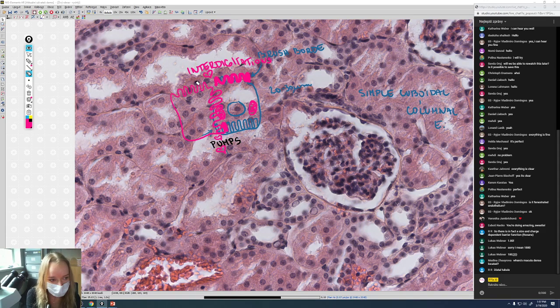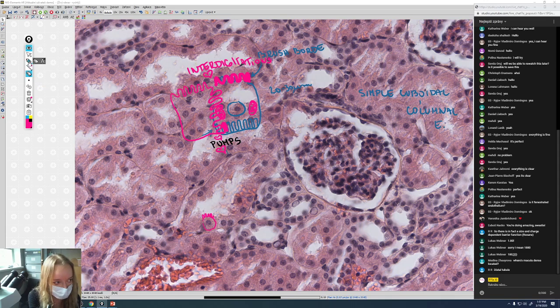So, if you want to describe these cells, these are cuboidal or columnar, lowly columnar cells. They are eosinophilic, of course. They are big. They have got a brush border on the surface, you can see it right here.